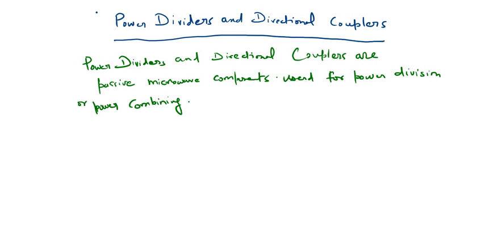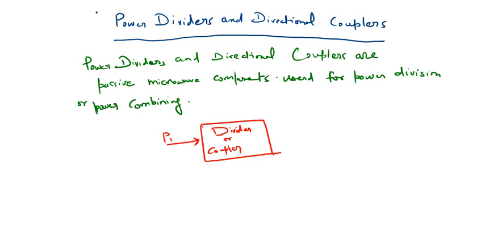So for example, let us see this figure. You have this power P1. You are passing this power P1 to a divider or coupler.